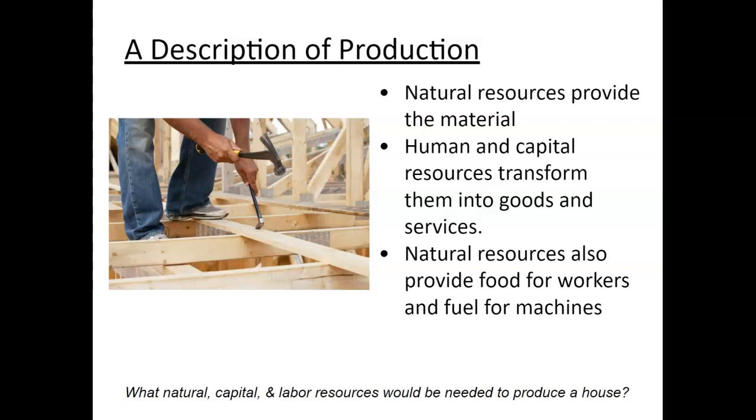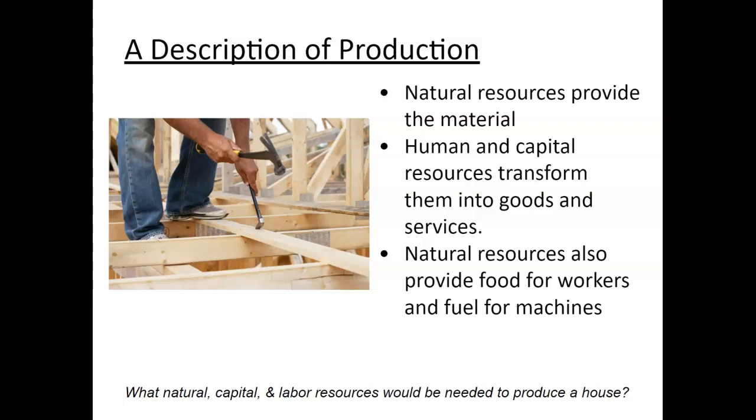They are going to need the natural resources of food to keep them working, and water. They're also going to need the equipment and the machinery to build the house. And here he's just holding a hammer, but that is iron, which is extracted from the ground. The wood that he pounds it into comes from trees.